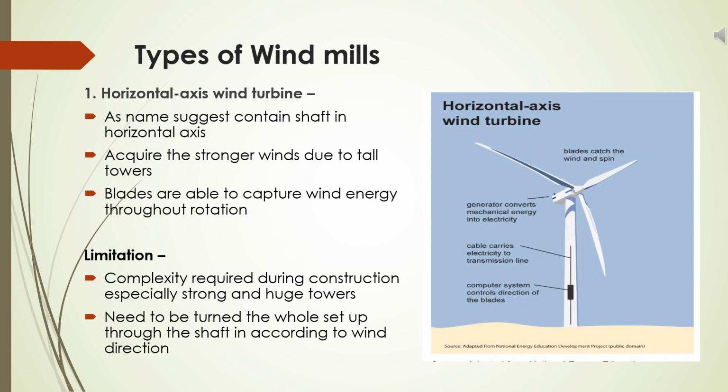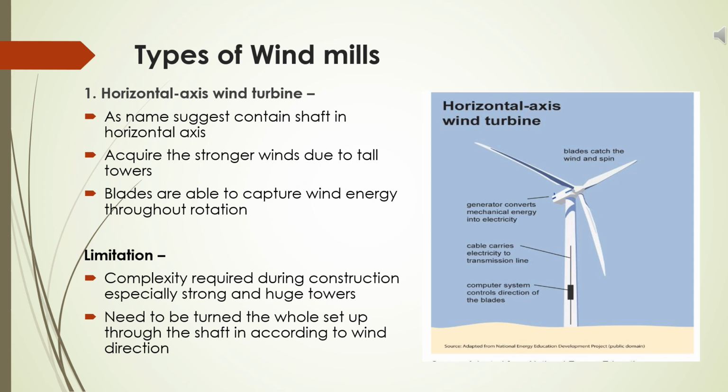There are few limitations in these types of windmills. The first one is its complex structure. As you can see in the figure also, in the shaft there is a generator attached with it. So to hold the generator at a very high position, it is required that the structure should be very rigid, should be very strong.